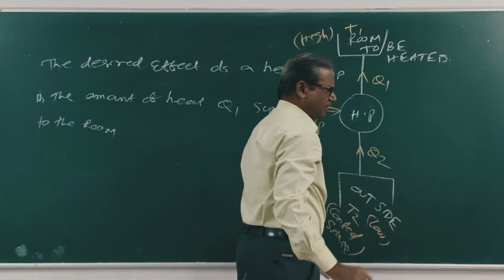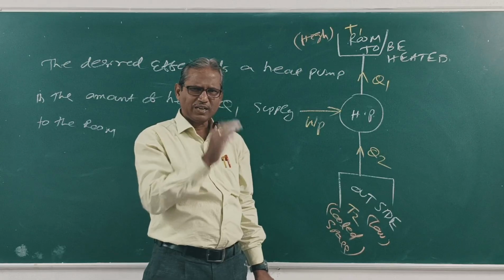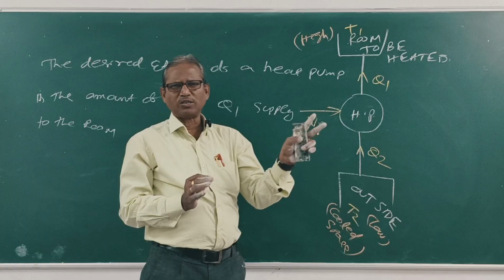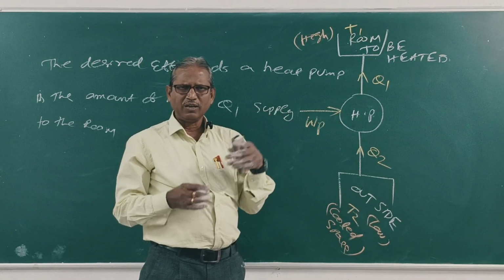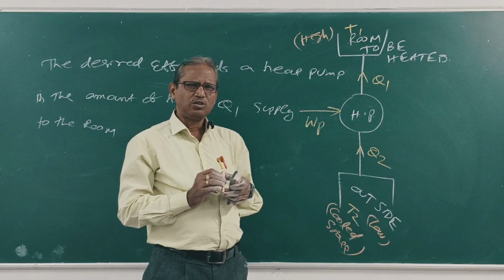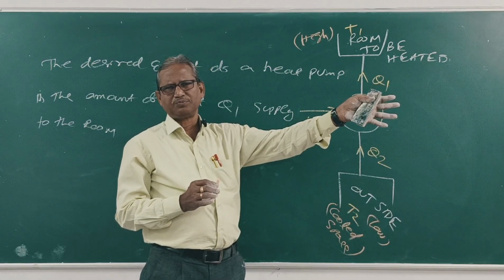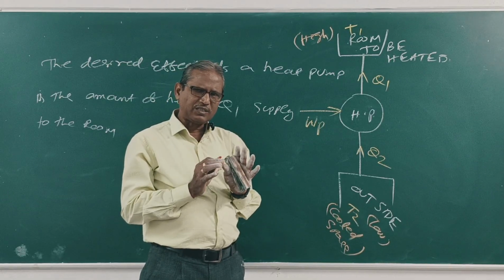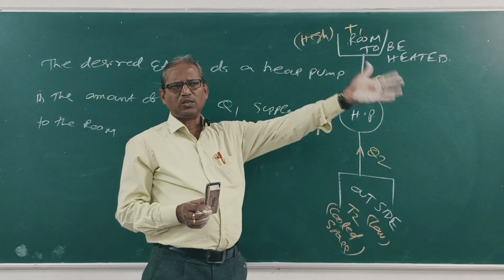Clear? Generally, in the winter season, outside temperature is less than the inside temperature. Our room temperature is more than outside temperature. So, when we are going outside in winter, we are wearing sweaters. But in case of summer season, the room temperature is lower than outside temperature. So, the function of a refrigerator is to extract heat from the low temperature room and throw it to the high temperature outside surface.